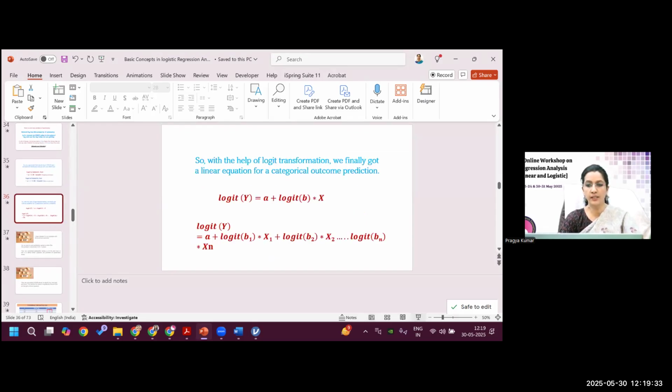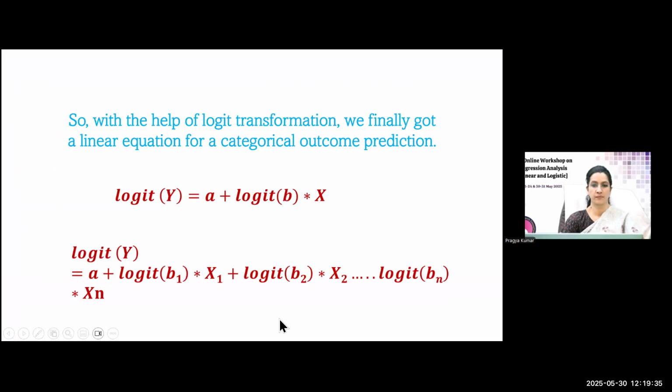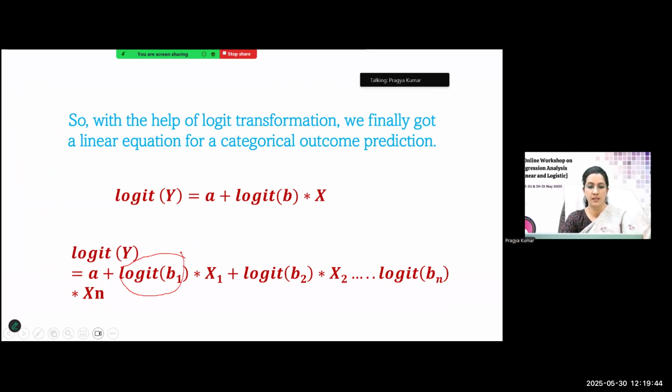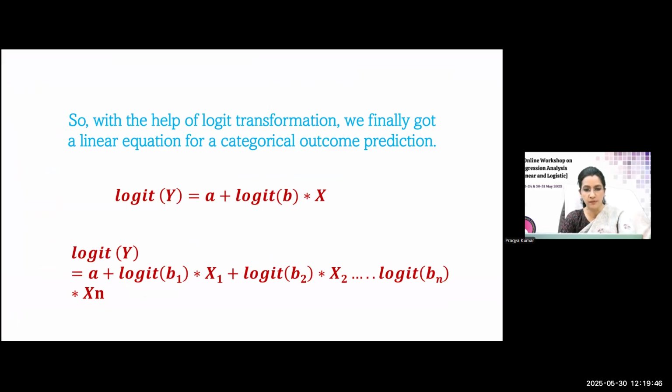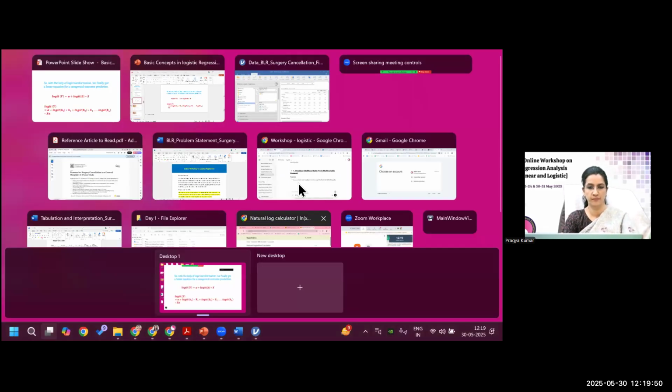Can you recall this? This is actually the logit, which you are seeing in JAMOVI.